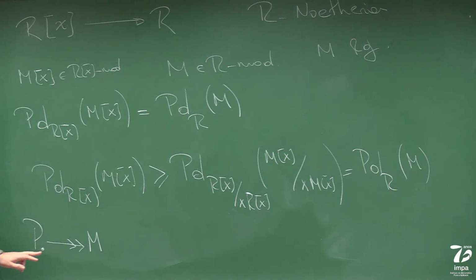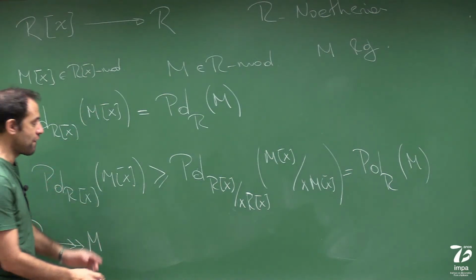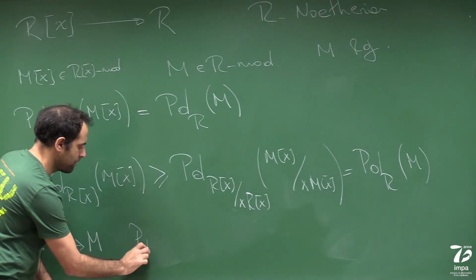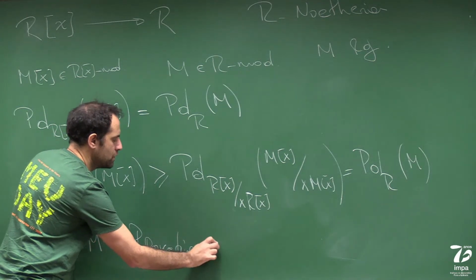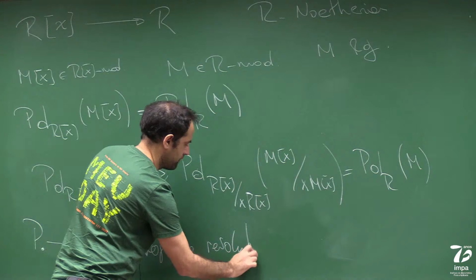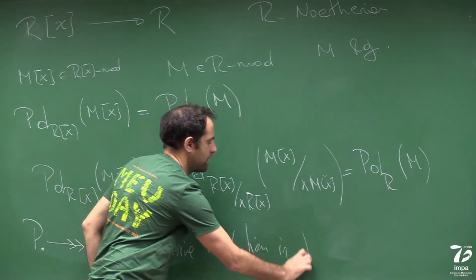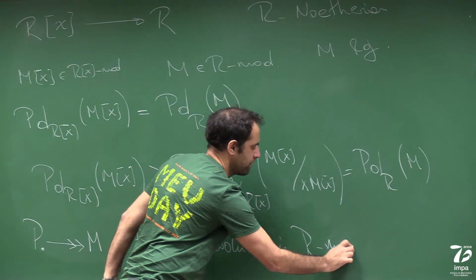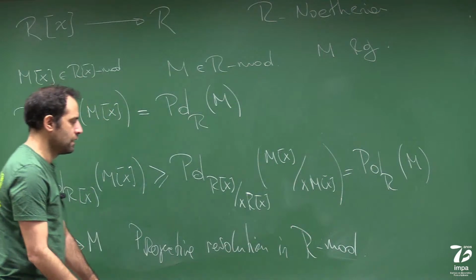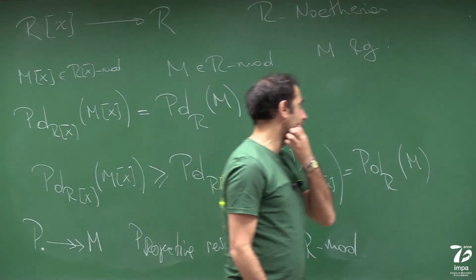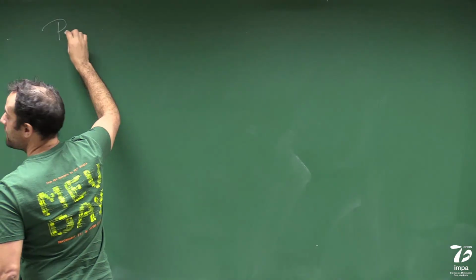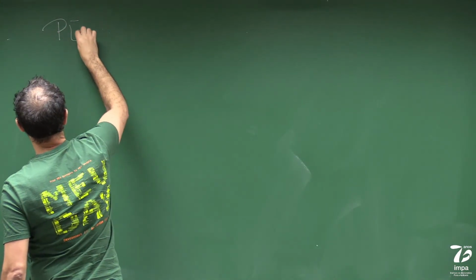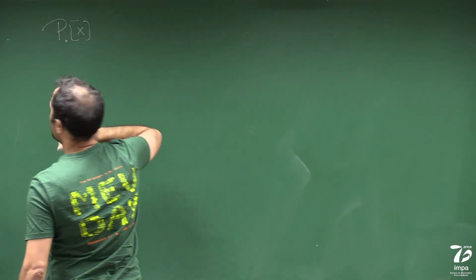So take any projective resolution of M in the category of R modules. Then I claim that P[x] dot, so this is what?